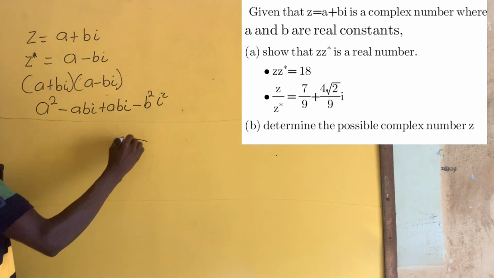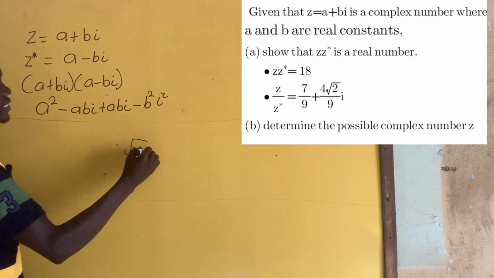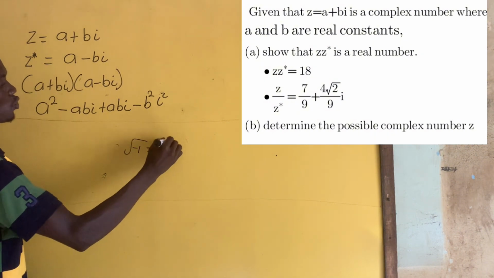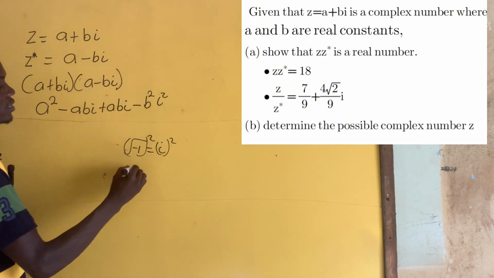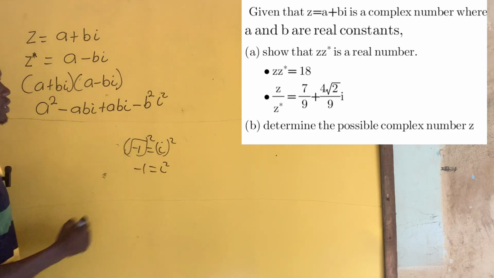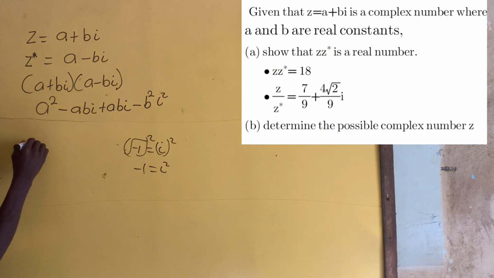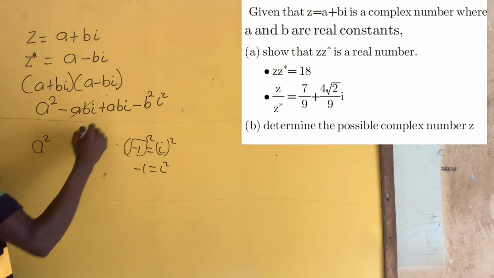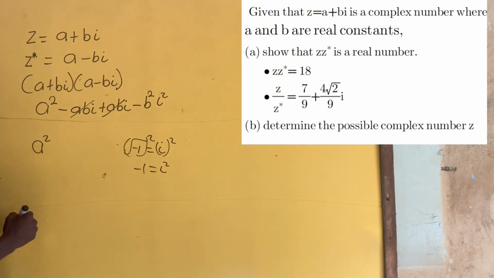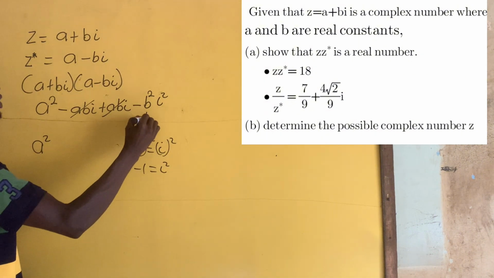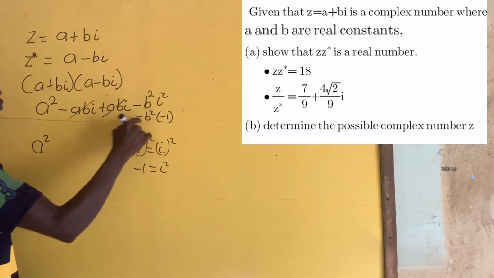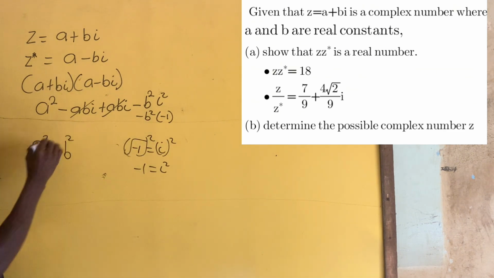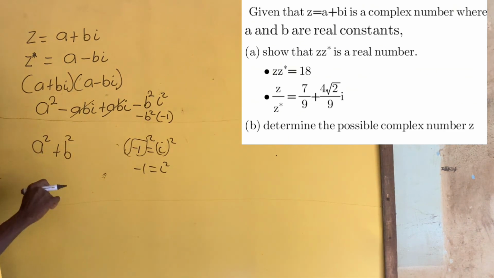Now, the square root of -1 is equal to i, so if we square it, i squared is -1. So we are going to have a squared, negative abi cancels positive abi, and this will give us negative b squared times -1, which will give us positive b squared, which is truly a real number in a very simple way, hence proved.